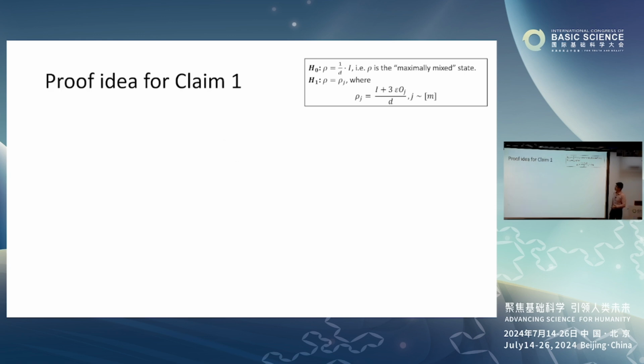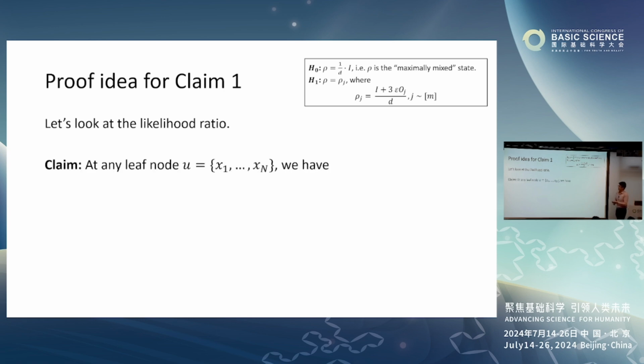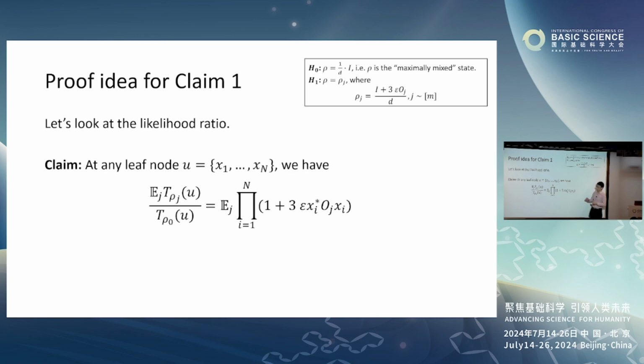So I'm going to try to prove claim 1. I'm just going to look at the likelihood ratio at any leaf node in the tree. It turns out this likelihood ratio has a pretty nice form. The probability under the null versus the alternate is actually this sort of big product.